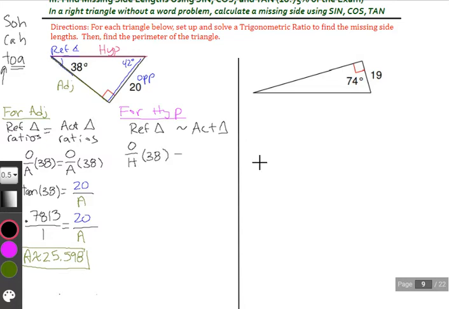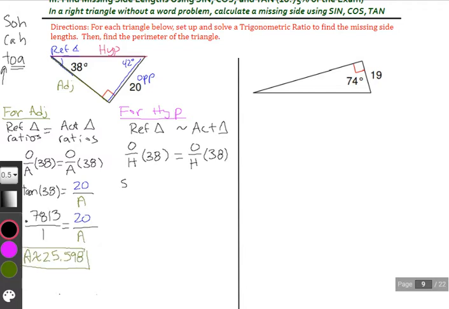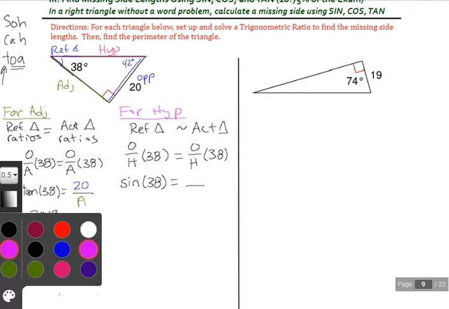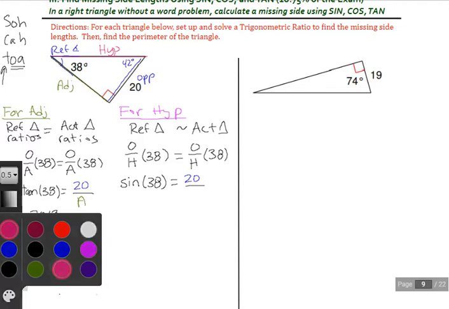So for the triangle that I have above, I should also use the same ratio. Over h, the calculator is sine, so this is really sine of 38. And then over h, well, O is 20, taking that from my actual triangle above. And the hypotenuse is what we're trying to find, so I'll keep that as an h variable.